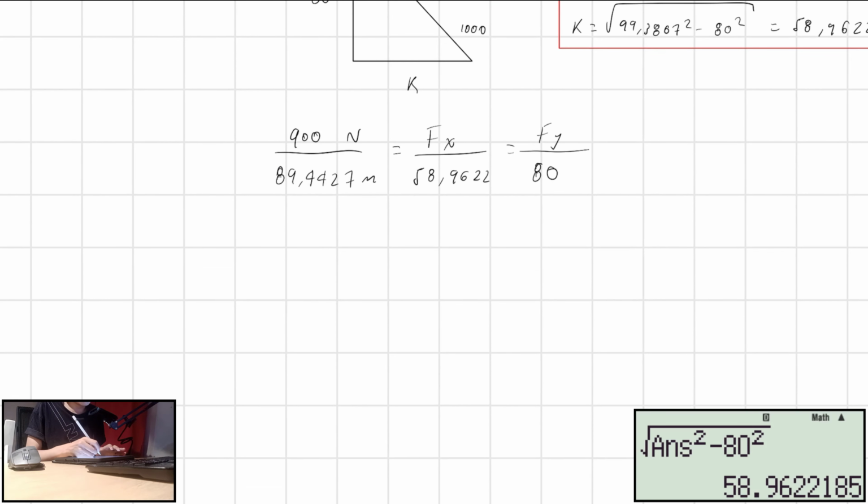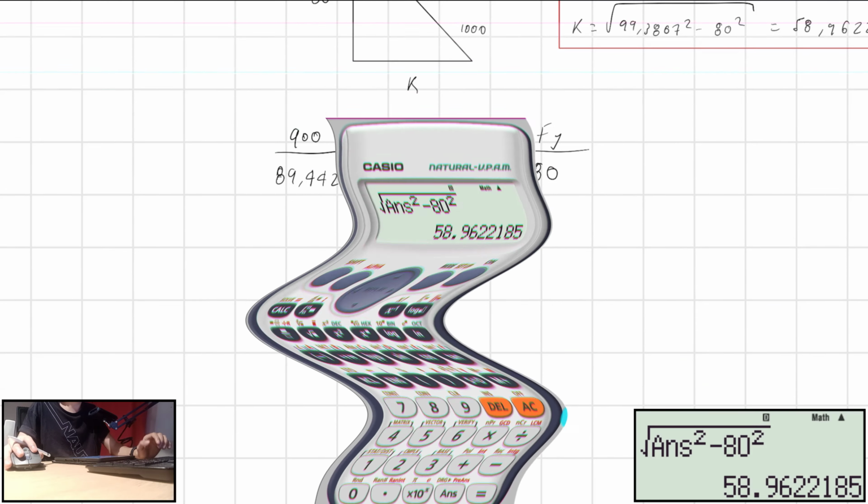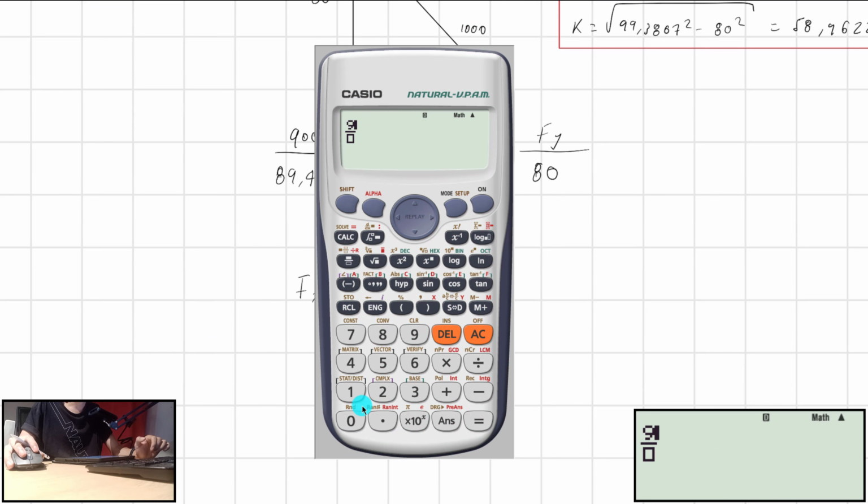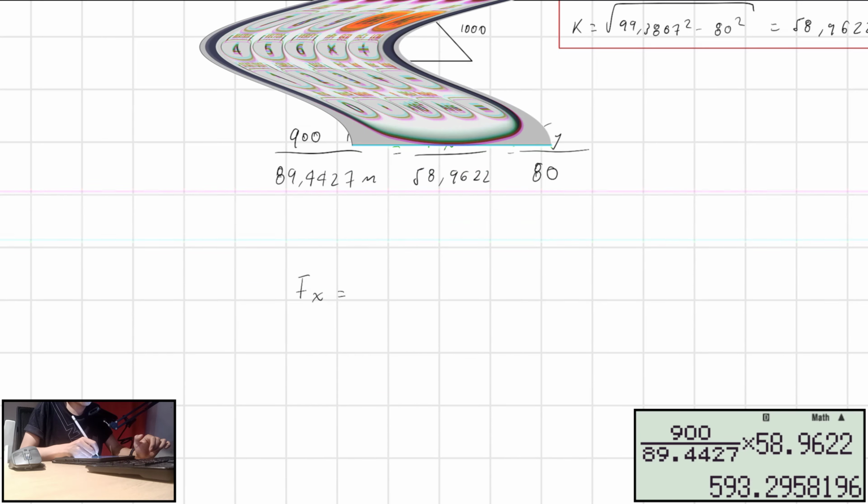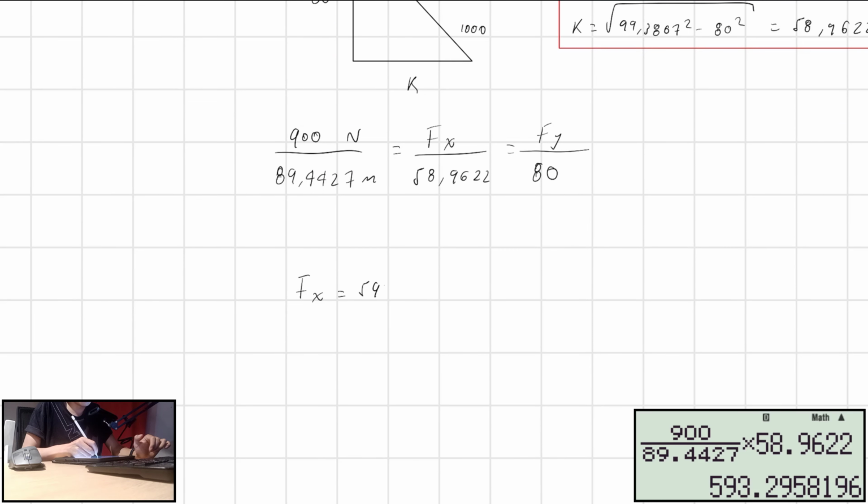Now, using this, I can say that Fx is equal to 900 divided by 89.4427 multiplied by 0.9622. All right. So this will be equal to 593.2958 newtons.